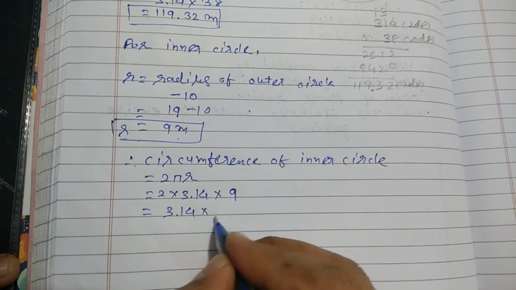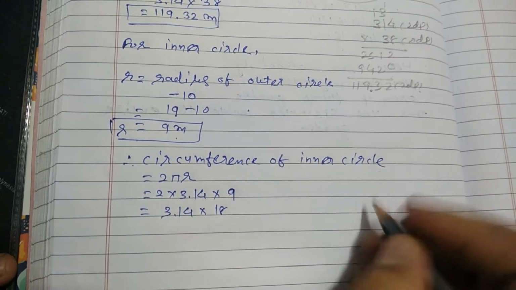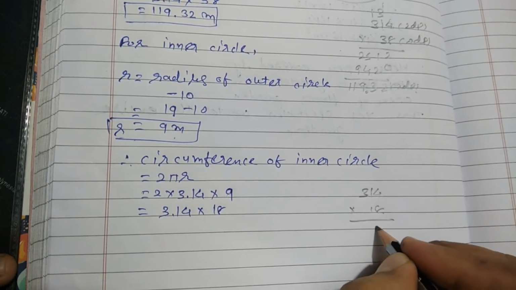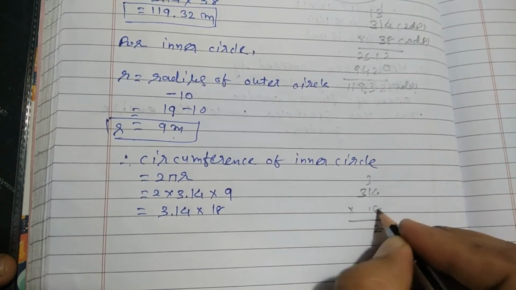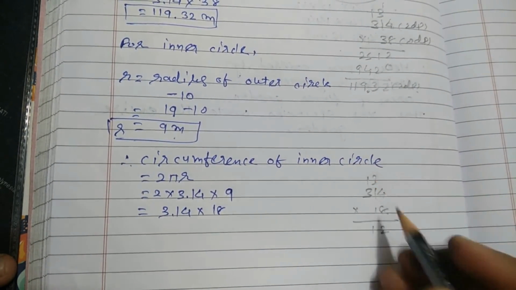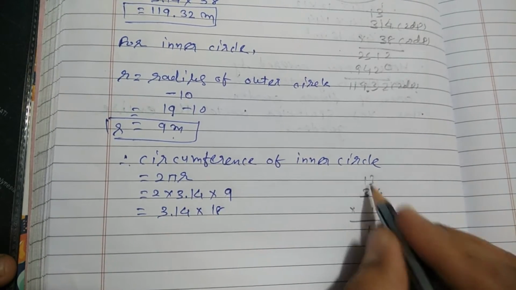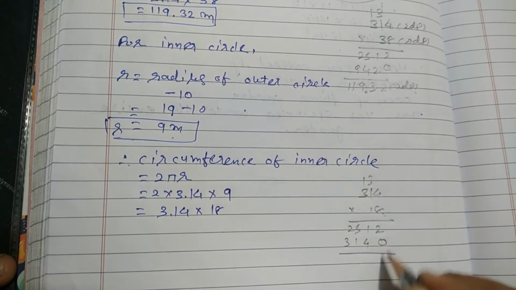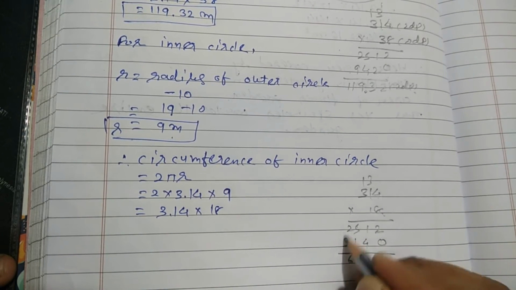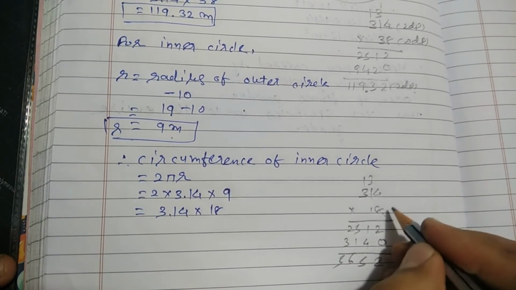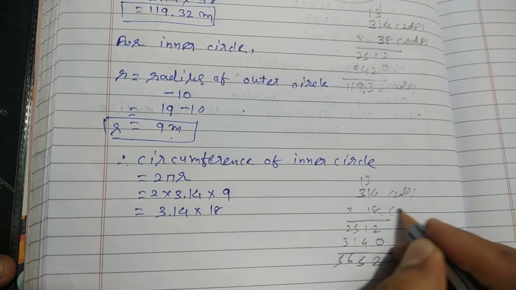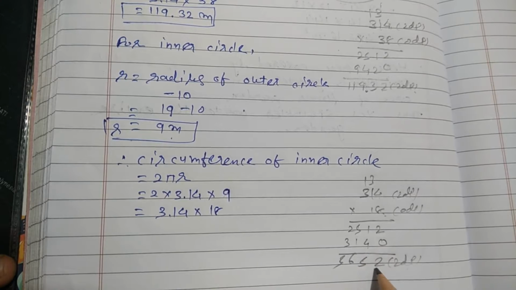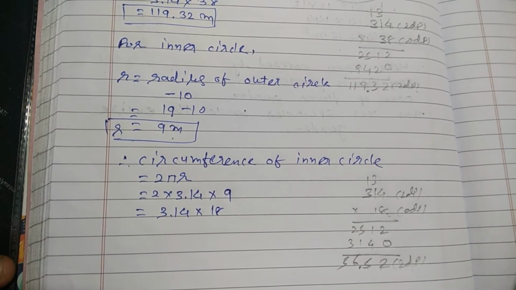3.14 multiplied by 9 2s are 18. So 314 multiplied by 18. 4 8s are 32, 1 8s are 8 plus 3 is 11, 3 8s are 24 plus 1 is 25. Here 0, 4, 1, 3, 2, 5, 6, 5. 2 decimal places there, 0 decimal places, 2 plus 0, so 2 decimal places. So the answer will come in 2 decimal places, before 5 2 the decimal point will come.